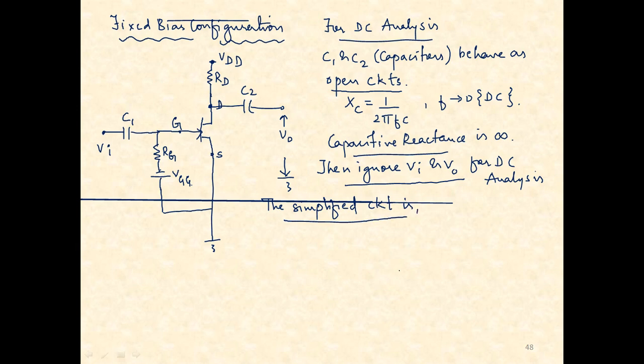Sorry about that line, it was unintentional, it came due to the pointer. So how does the simplified network look like? It looks like this. We just have a resistor RD, and that is VDD.